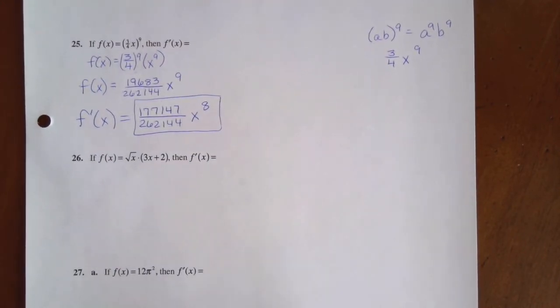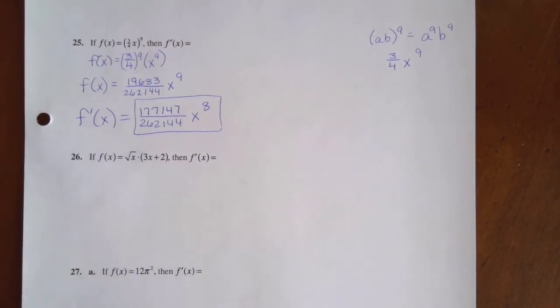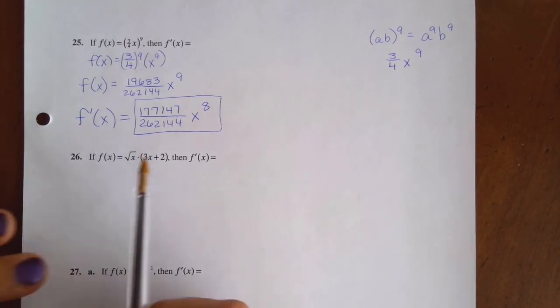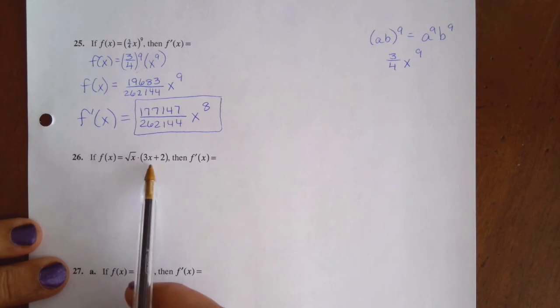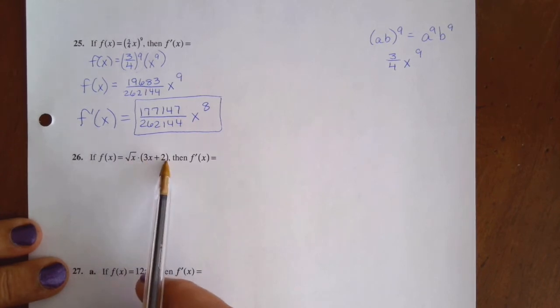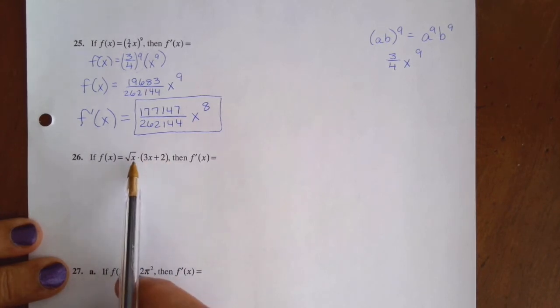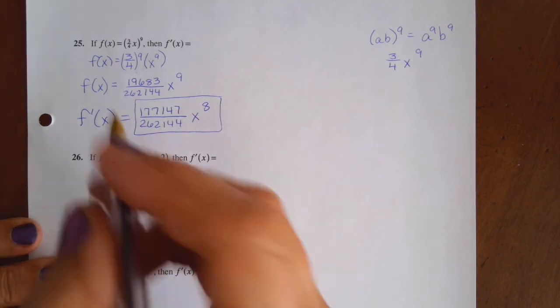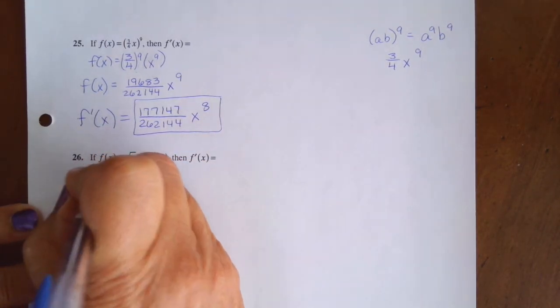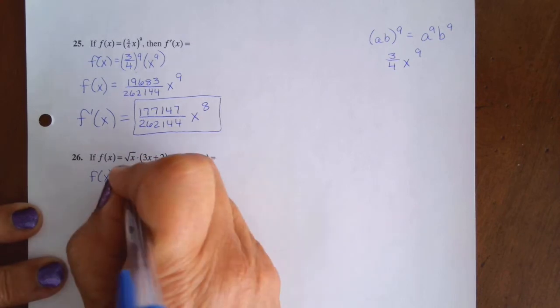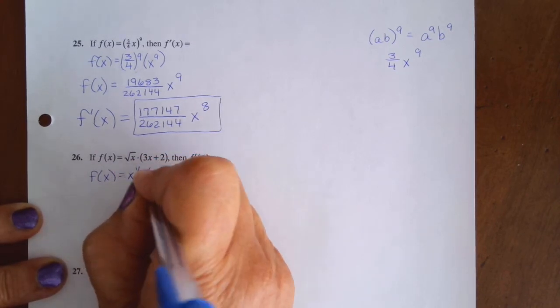All right, look at number 26. It's a product, so we're going to have to distribute. Right now we don't know the product rule, how to do that. So we're going to have to multiply the square root of x times 3x and then the square root of x times 2. Well, I don't like the square root of x. I need a rational exponent. So we have to do a little work before we find the derivative. We're going to write square root of x as x to the 1/2.